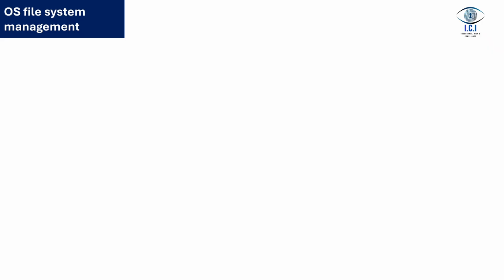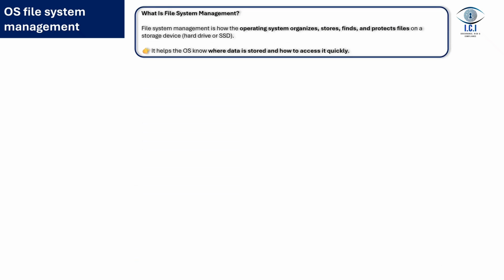OS file system management. So what is OS file system management? File system management is how the operating system organizes, stores, finds, and protects files on a storage device. So the file system management helps the operating system to know where data is stored and how to access it quickly.